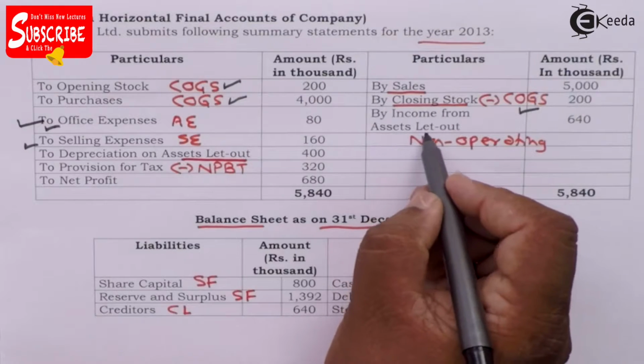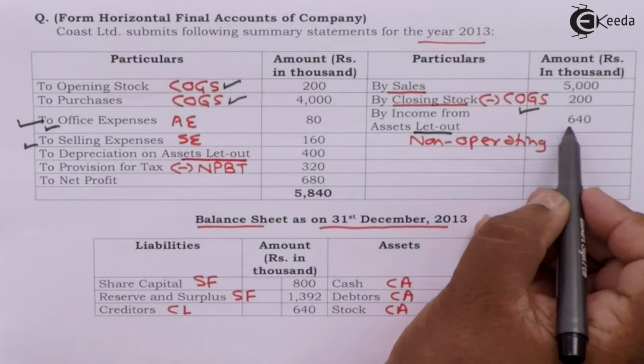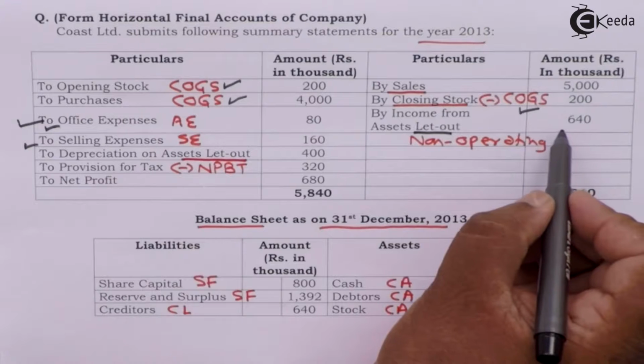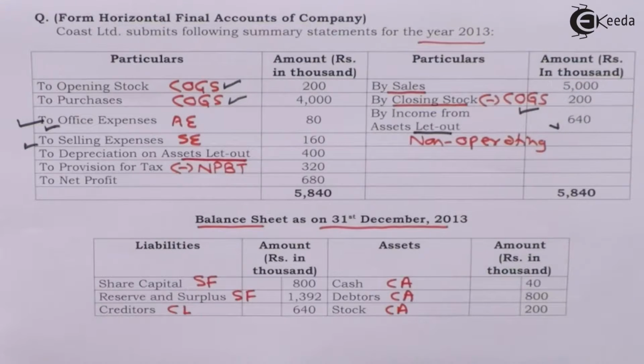Income from asset let out means assets are given on hire basis to receive rent on the assets. So actual income received, rent received or hire charges received 640. This is non-operating income.